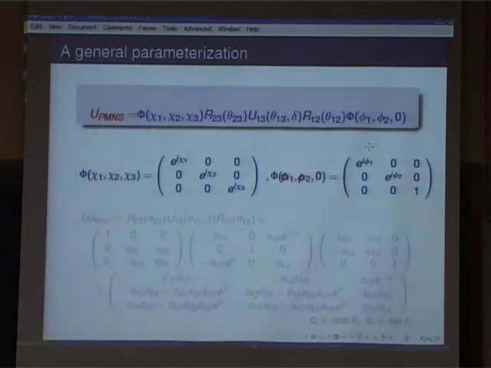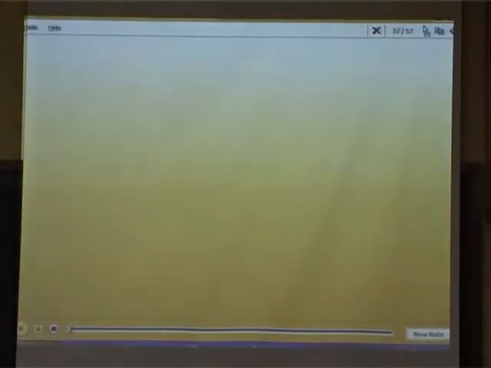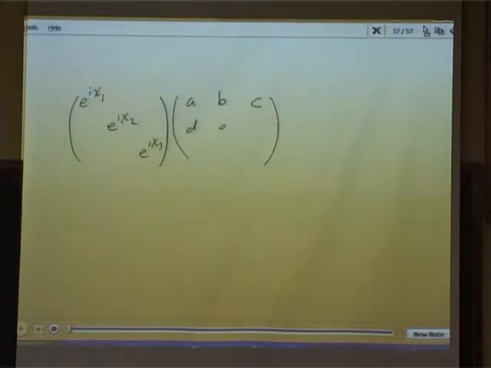Second thing, let's say this central part is a triviality matrix. So let me write it down. I have a central matrix, which is a triviality matrix. Now when I multiply this matrix by e to the power i chi1, e to the power i chi2, e to the power i chi3, what will this do? Let me multiply this.